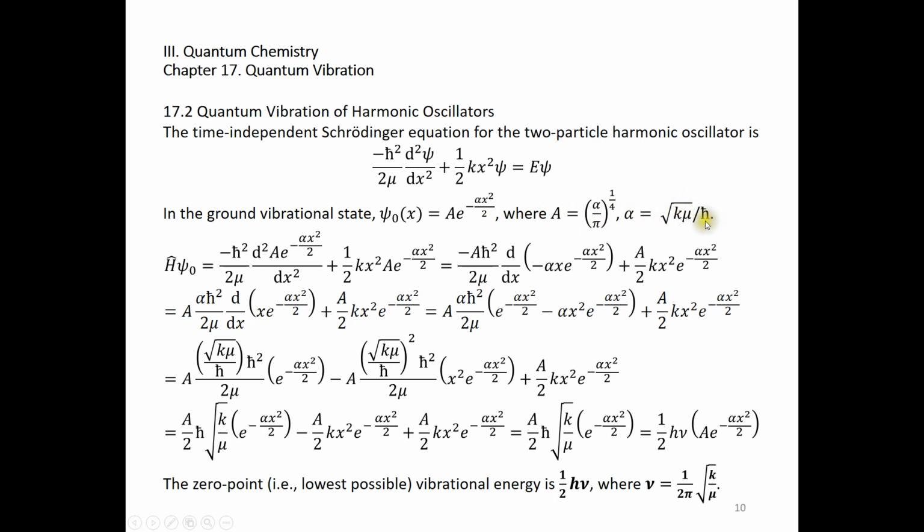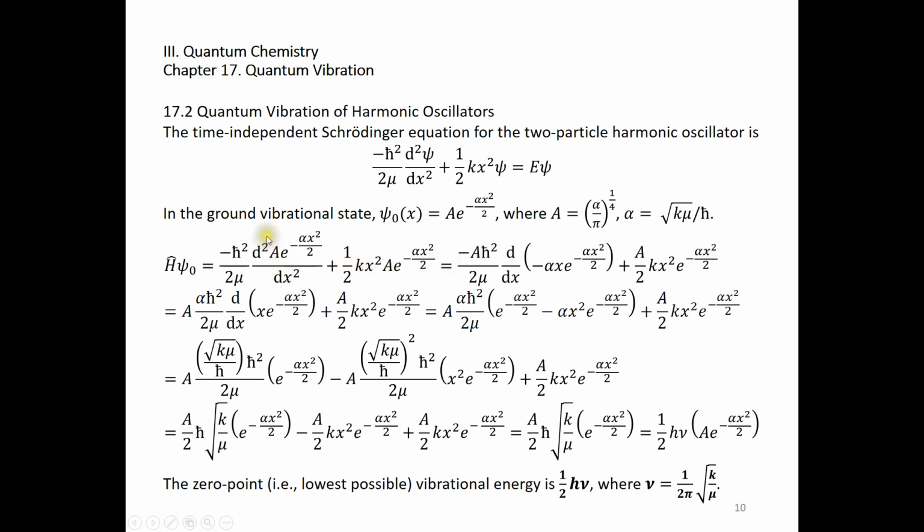Now we'll just prove this. We'll apply this Hamiltonian to this wave function, and hopefully we'll get the corresponding vibrational energy multiplied by the wave function. So we'll do this. It's completely mathematics. I'm applying the kinetic energy operator to the wave function here, and the potential energy operator to the wave function.